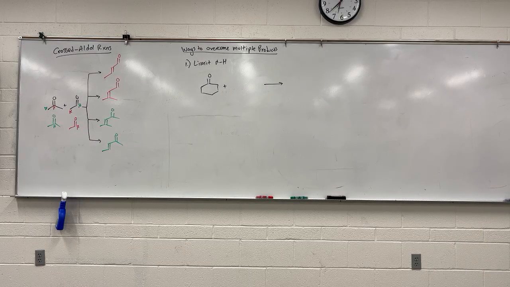If you can each try to think of something that will limit alpha hydrogen, which means I limit positions that can even be the alpha nucleophile. And then whoever has the best one will run with it on the board.